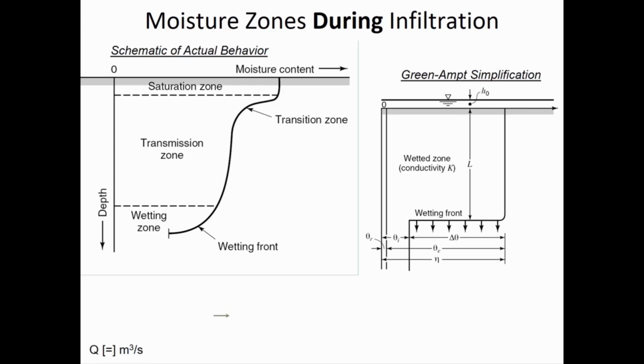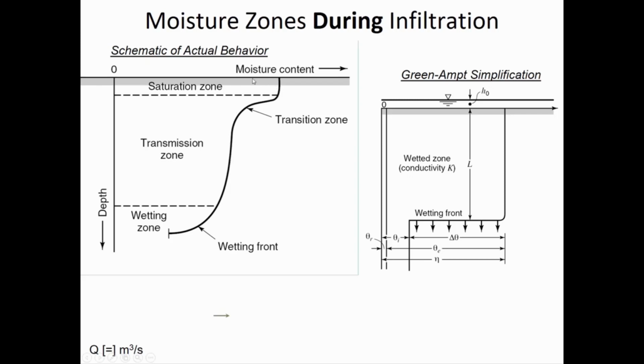So let's just say, what on the left side represents going from partially saturated to fully saturated? Yeah, so here is fully saturated. This vertical line means that as you go down through the soil, the moisture content stays the same. And then this is the zone that hasn't been affected by the rainfall yet.